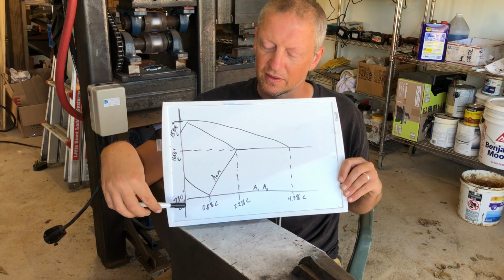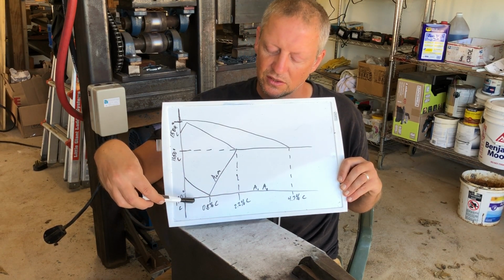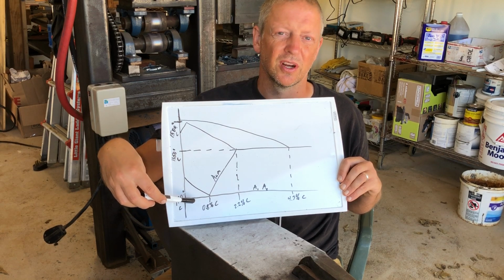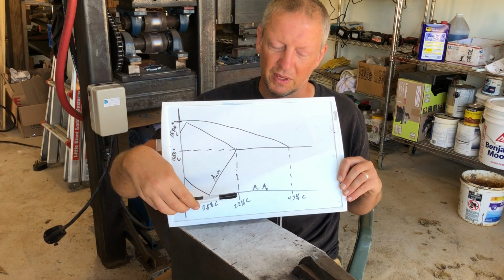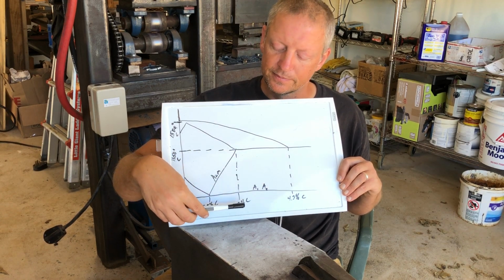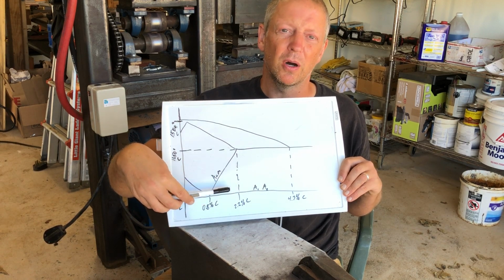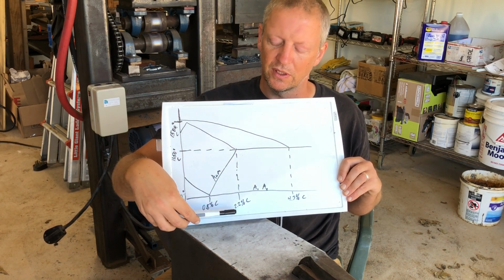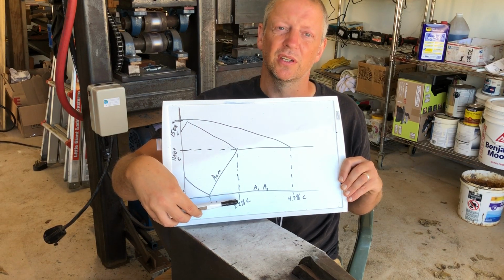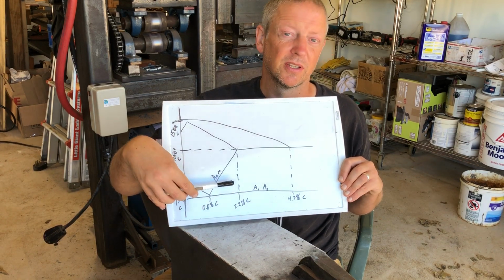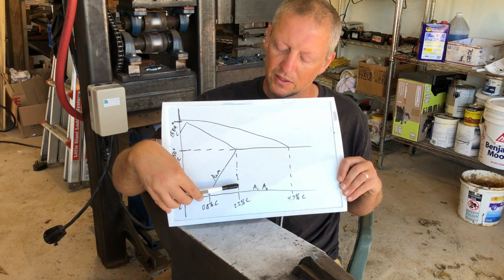The other way you can witness this line is that since there is a change in crystalline structure at this point, a lot of stuff moves around in order to make that happen. You don't really notice it during heating, but there is actually a pause in the temperature of your steel as your steel soaks up extra energy to make the shift, to make that crystalline structure change happen.